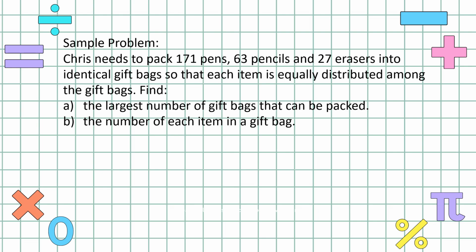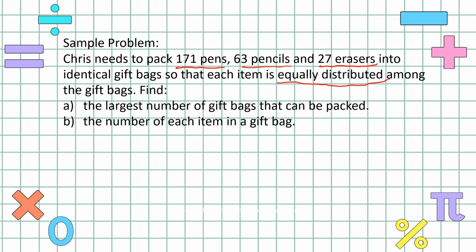Here's our next problem. Chris needs to pack 171 pens, 63 pencils, and 27 erasers into identical gift bags so that each item is equally distributed among the gift bags. Now find A, the largest number of gift bags that can be packed, and then B, the number of each item in a gift bag.